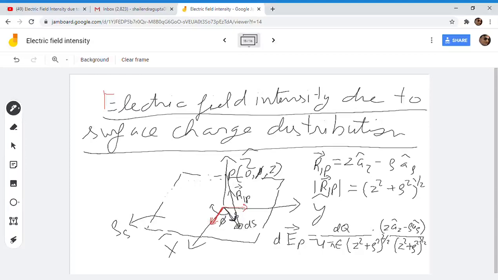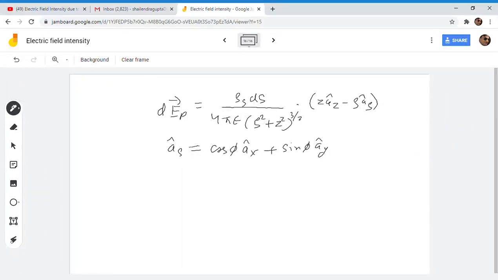We have done this earlier, so there will be no rho component because this is a unit vector, so this will also be a unit vector. Okay, so fine. a rho can be written as cos phi ax plus sin phi ay.